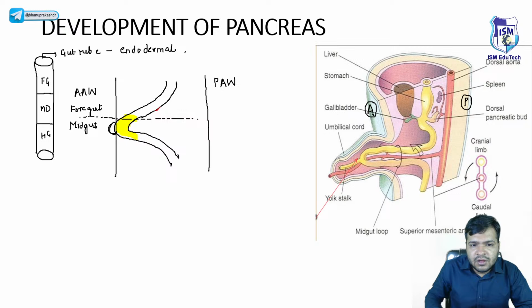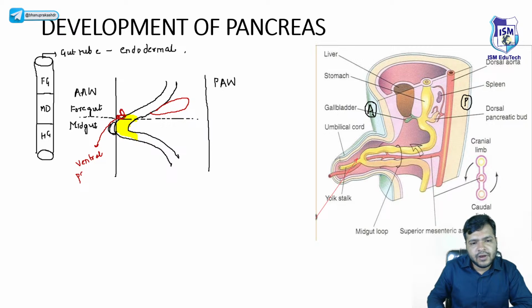We have the dorsal pancreatic bud, a little bit cephalic, a little bit above, and below that, towards the anterior abdominal wall, we have the development of the ventral pancreatic bud.